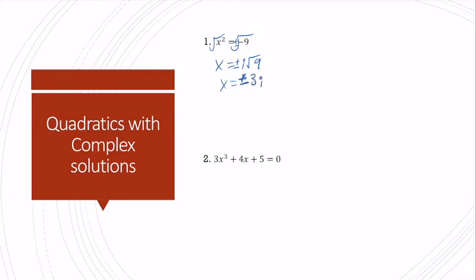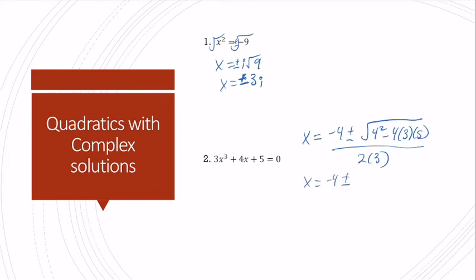There we go. If I have 3x squared plus 4x plus 5, I'm going to use the quadratic formula to solve. x equals negative b plus or minus the square root of b squared minus 4 times a times c, all over 2 times a. So x is negative 4 plus or minus the square root of 16 minus 60 over 6. x is negative 4 plus or minus the square root of negative 44 over 6.